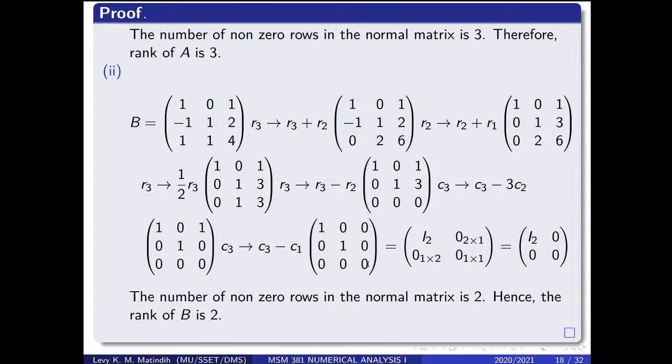To obtain the rank of matrix B, all you need to do is count the number of non-zero rows. The first row is a non-zero row, the second row is a non-zero row, the third row is a zero row. So there are 2 non-zero rows in the normal form of matrix B. As such, the rank of matrix B is 2.